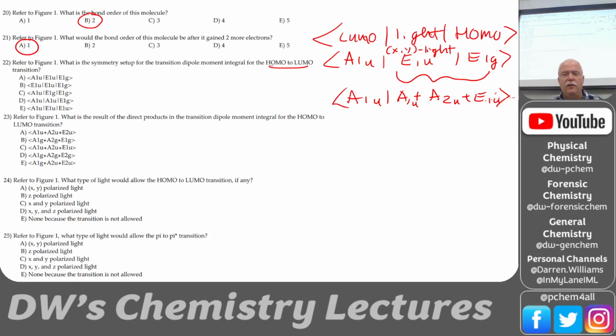And A1 times all of those is going to give us those things back. And so we're going to end up with this result: A1G plus A2G plus E1G.